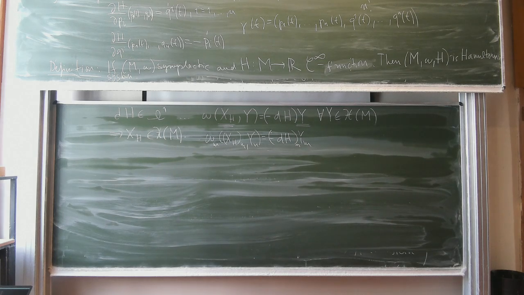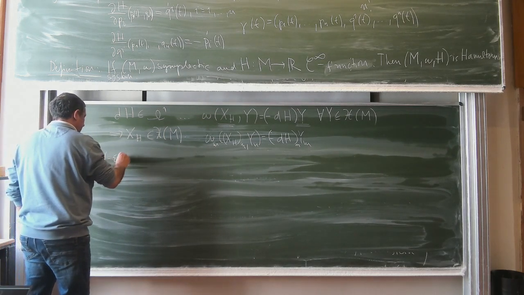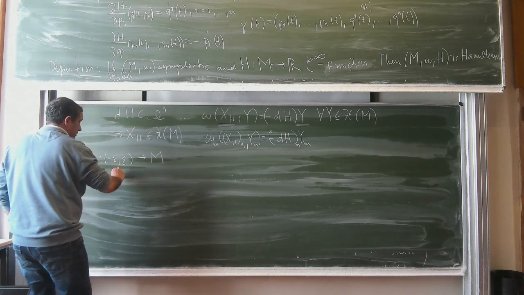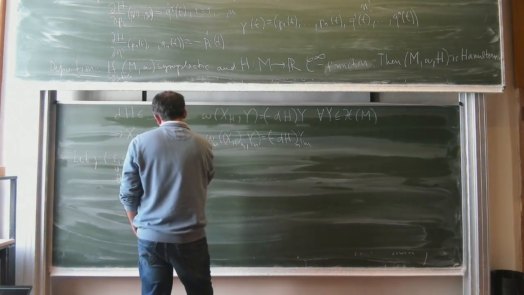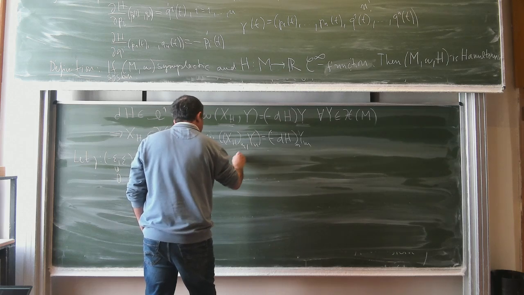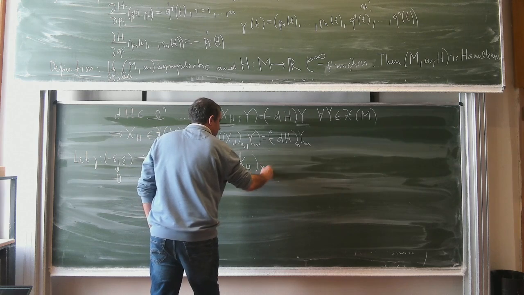And now what one can do is search for integral curves. So let gamma be a curve on a neighborhood of 0, traditionally, such that gamma'(t) equals X_H at the point gamma(t).